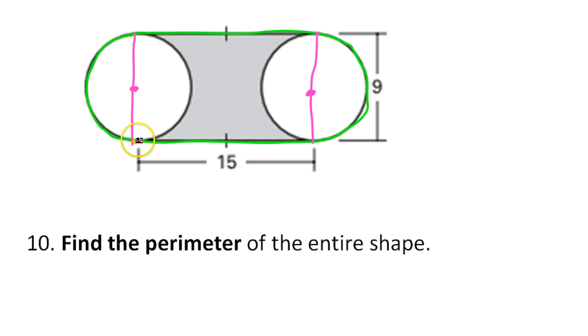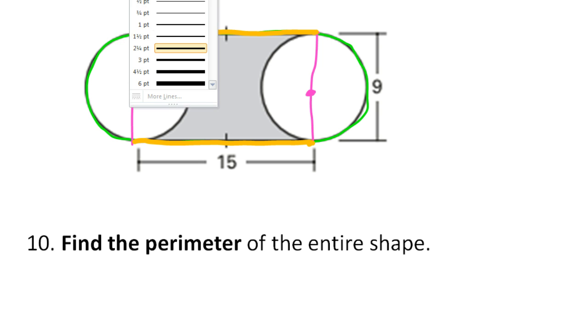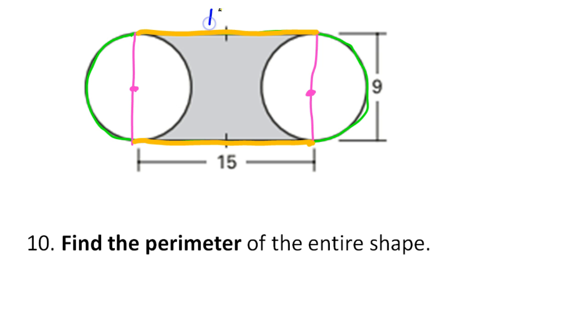Because I know this piece already. It's 15. And that's going to match this piece up here, because that is also 15. So far I've got 15 and 15. So really I just need these 2 green parts on the sides.